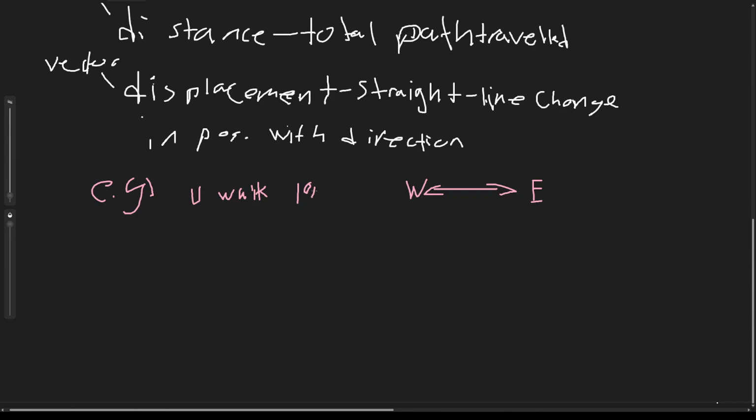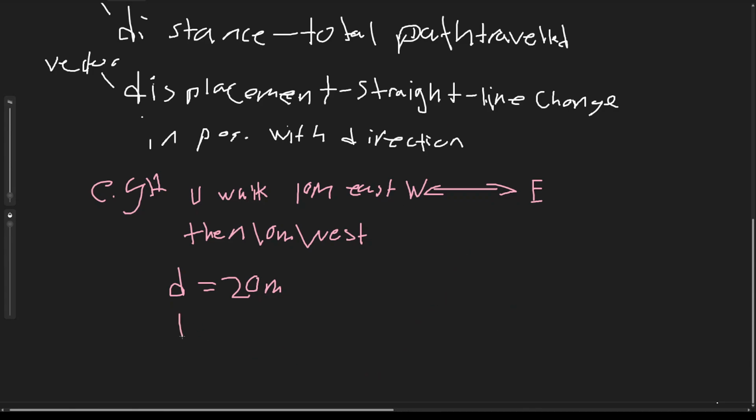So that's east and west, 10 meters east, and then 10 meters west. Your distance traveled would then be 20 meters, right? Because that's the total path traveled. You walked 10 meters and you walked another 10 meters. There's no direction for distance.